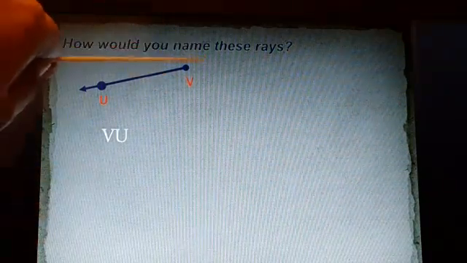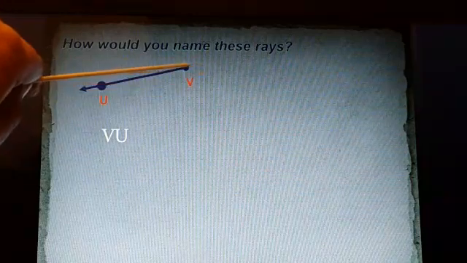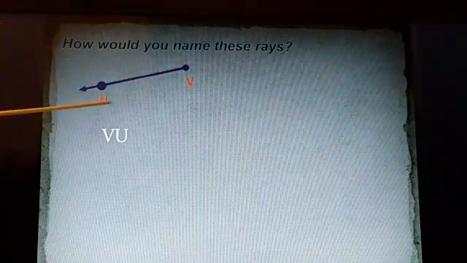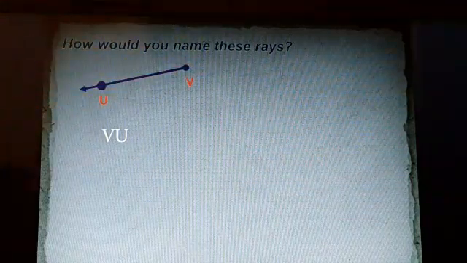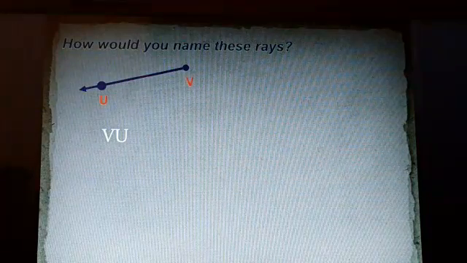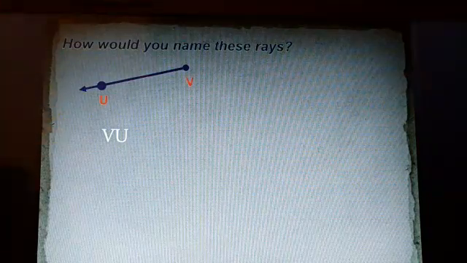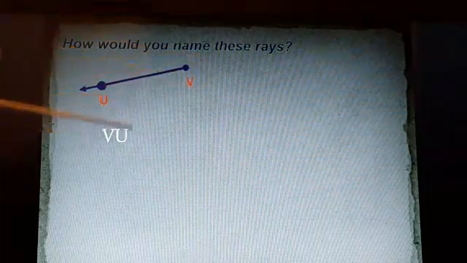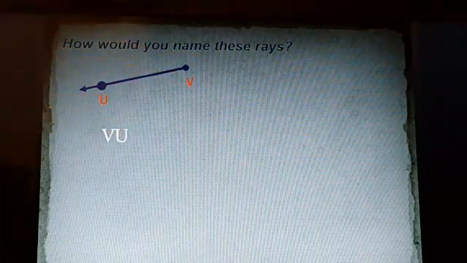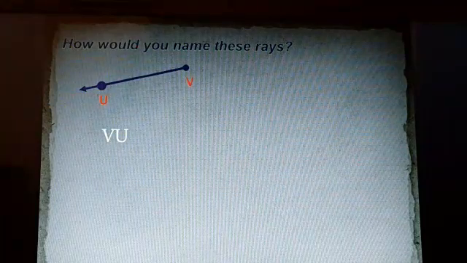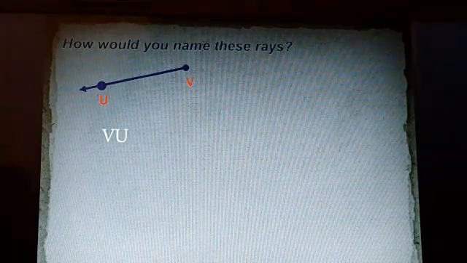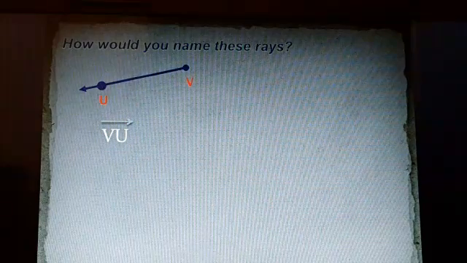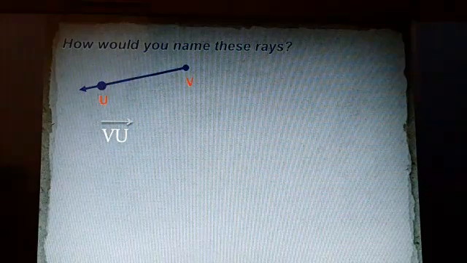Now, the letter with the end point is V, and the letter with the arrowhead is U. So we always write the letter that is on the end point first. So I write V first, then U. So ray VU. But what is missing here? The symbol. So now my answer is right.